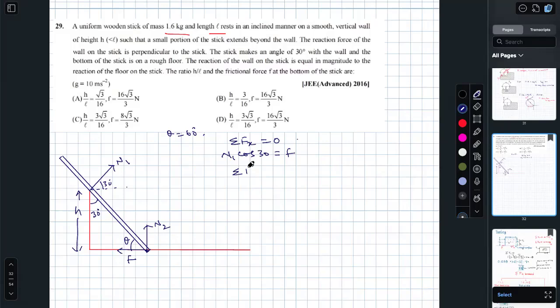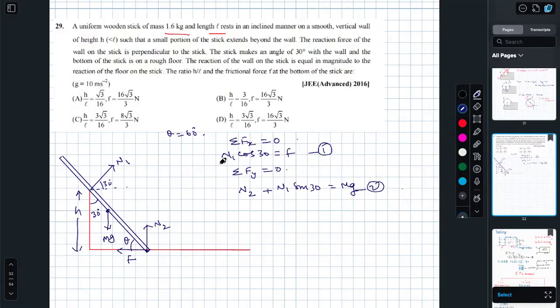Similarly, sigma Fy is equal to 0, which means N2 upwards, N1 sin 30 upwards, mg. Equation 1, equation 2.